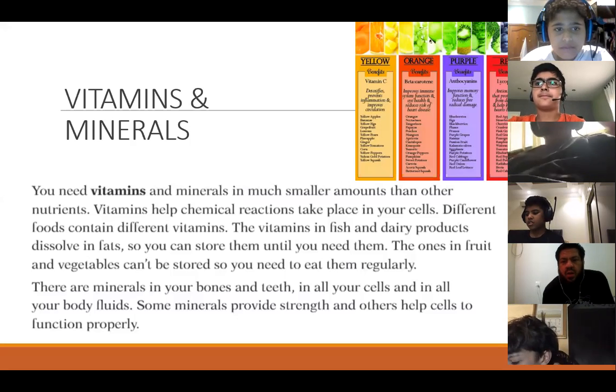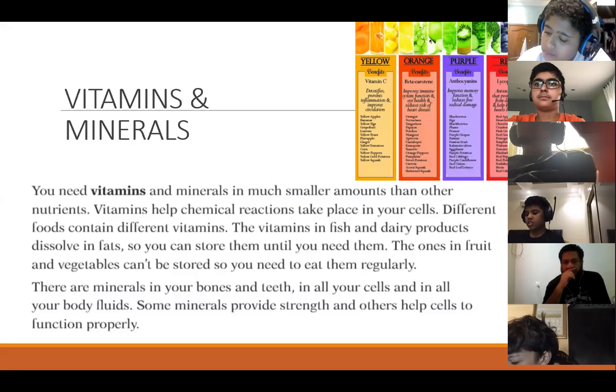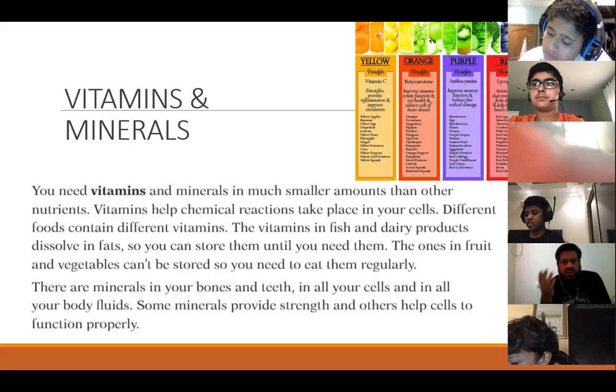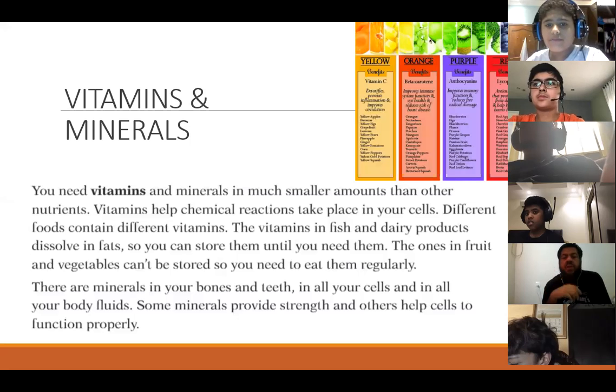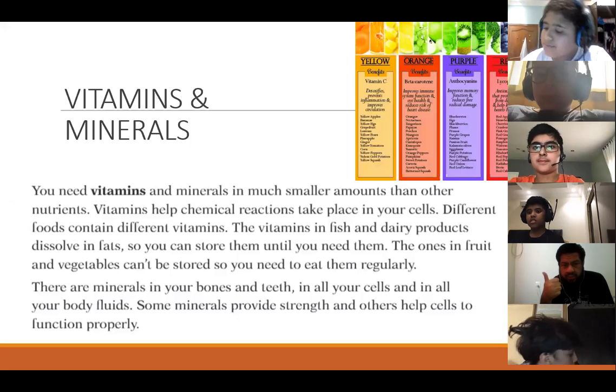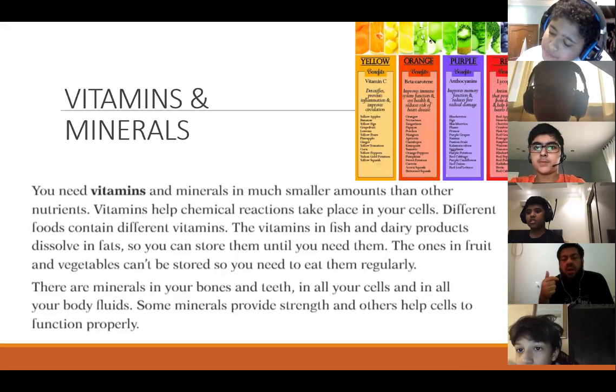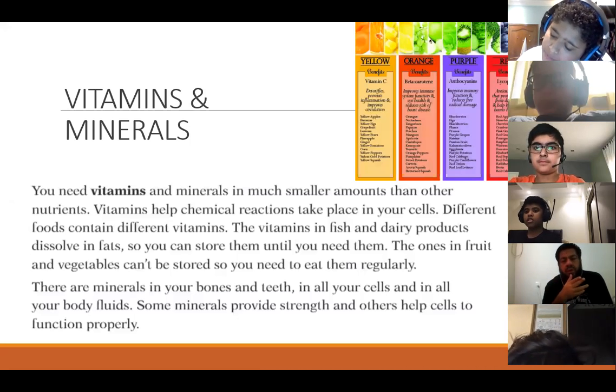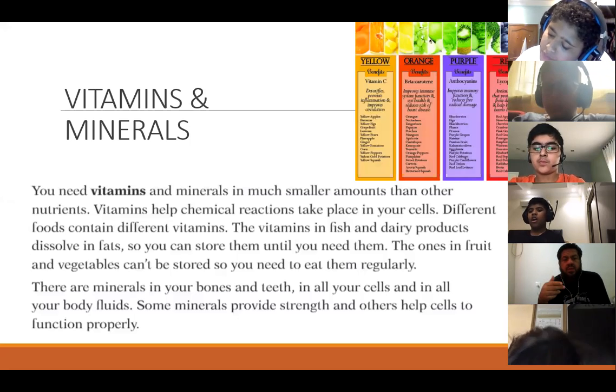So I'll add a few points to it. The first thing he mentioned in this paragraph is that vitamins are important for the chemical reactions happening inside our body. The chemical reactions could be the breathing process, the respiration, oxygen going into the mitochondria and reacting with glucose.